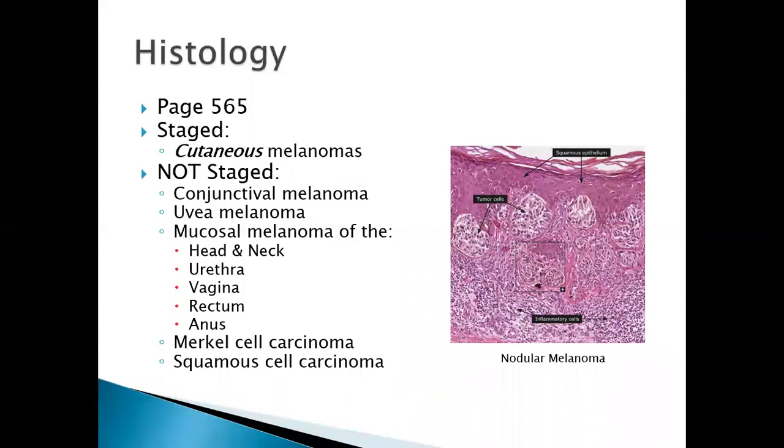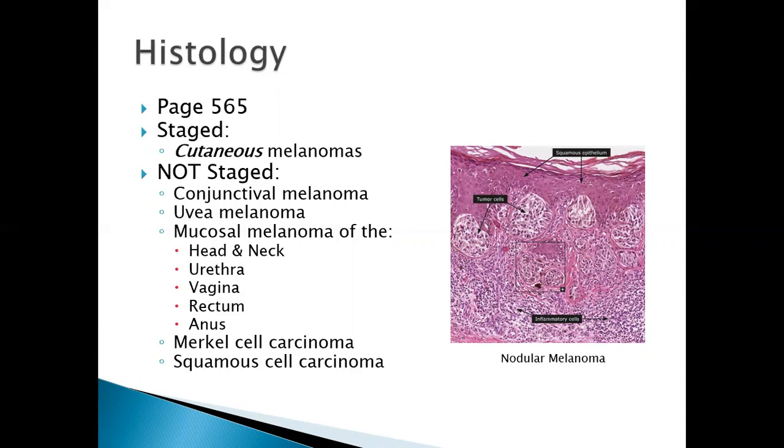The list of histologies is provided on page 565. But keep in mind, non-cutaneous melanomas, melanomas of the conjunctiva, uvea, head and neck, urethra, vagina, rectum, and anus do not use this chapter.